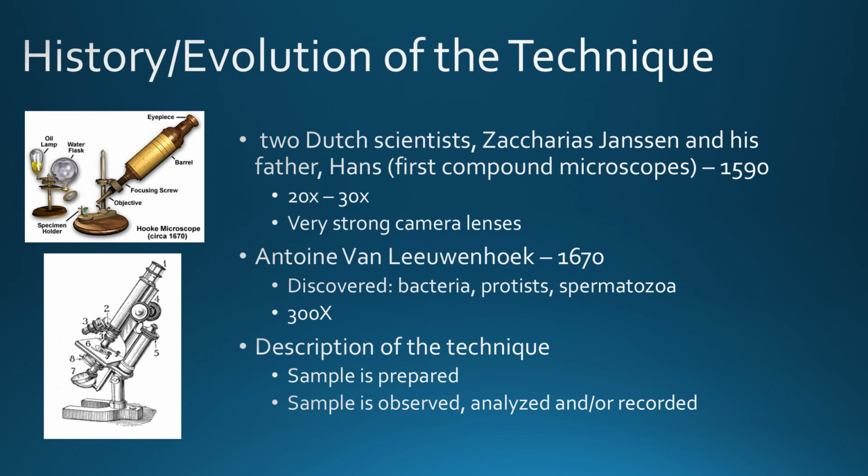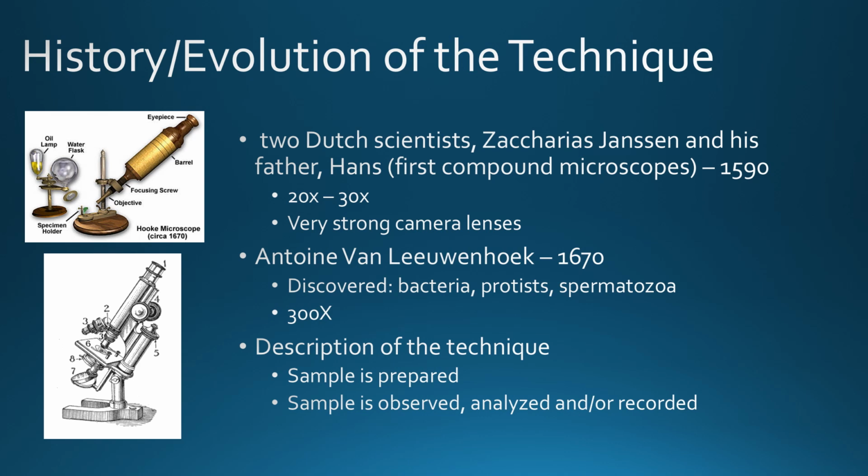Most people, when you think about microscopy and microbiology, you think of Antoine van Leeuwenhoek, and he was a draper, a guy who dealt with clothing and materials and fabrics and threads and needles and all of those sorts of things. He was also very much interested in science.